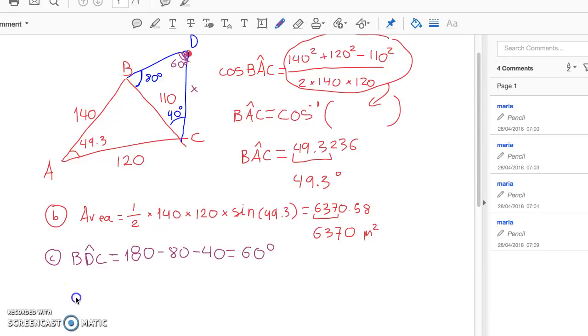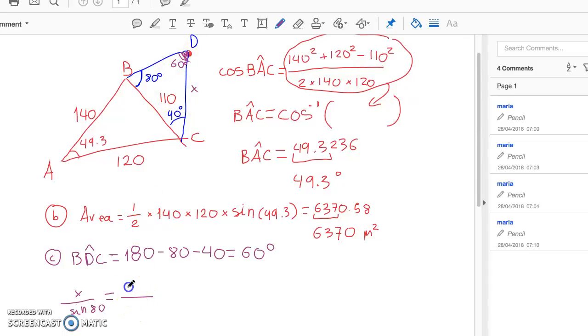So the side I'm looking for, x, divided by the sine of the angle opposite to it, so the sine of 80, is equal to any other side, but the only one I know is the 110 with the sine of the opposite angle, which is the 60.